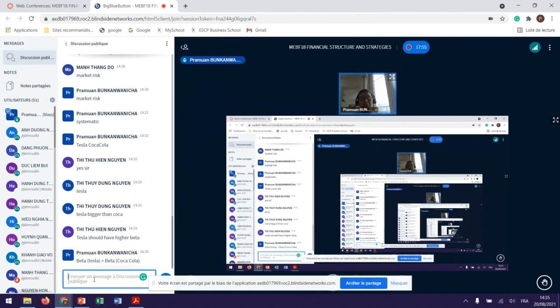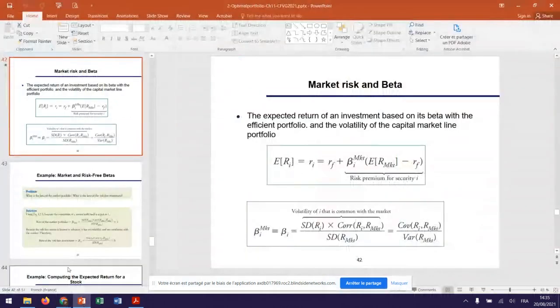So when the beta is bigger, it means that the required rate of return of the investor for holding Tesla stock should be higher than the required rate of return the investor needs to hold Coca-Cola stock.